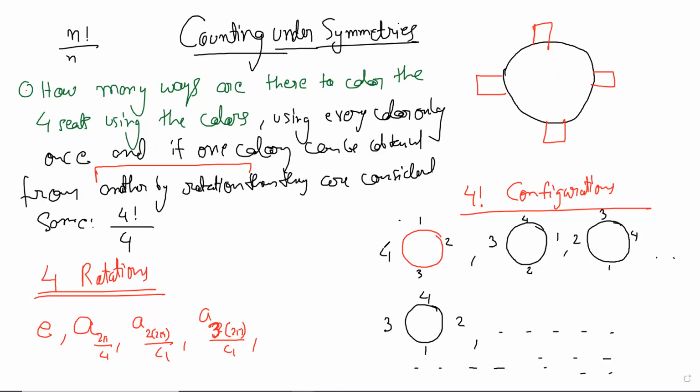We have these total 4 factorial configurations without symmetries, which will always be easy to count. Now, what we really want to study is, if you start with a particular configuration, how many other configurations can you reach by performing these actions?